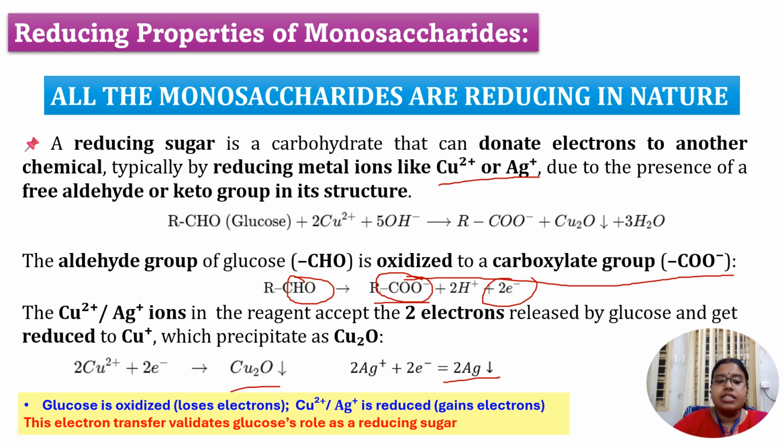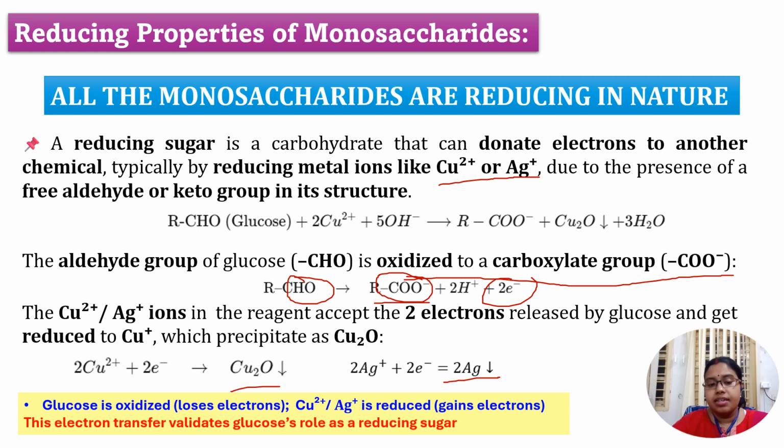So the glucose is oxidized because it loses two electrons, and the copper 2+ or silver + ion accepts these two electrons, so it is reduced. This electron transfer validates that glucose acts as a reducing sugar because it is donating electrons.